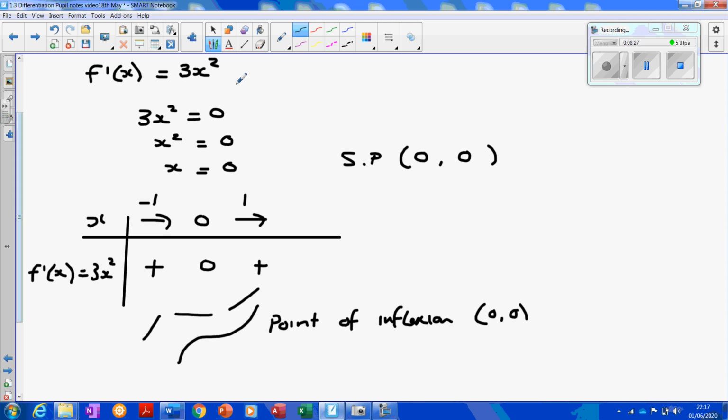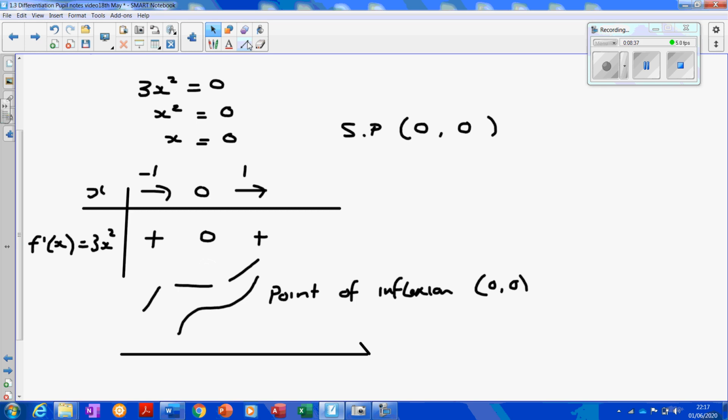Right, now the last thing I want to do is I want to find out where it is increasing and where the curve is decreasing. Draw your x-axis underneath that. And once we've done that, we'll look at a table of signs. So that's the x-axis. And I know that the turning point is there when x equals 0 once again.